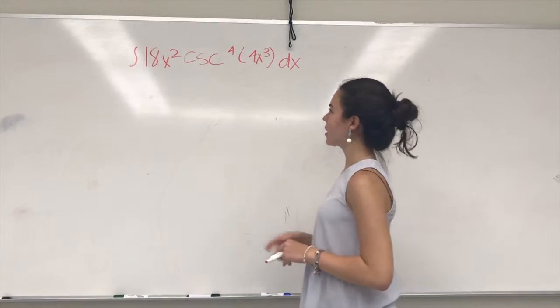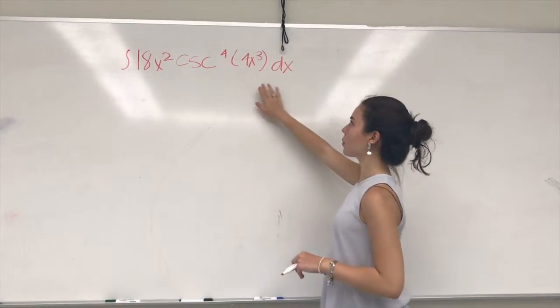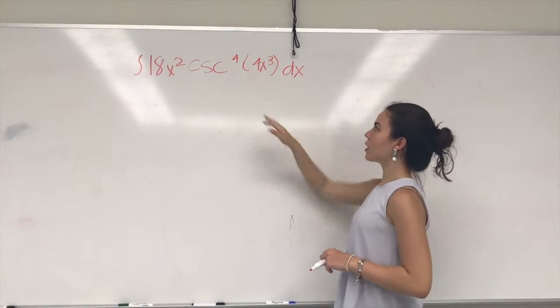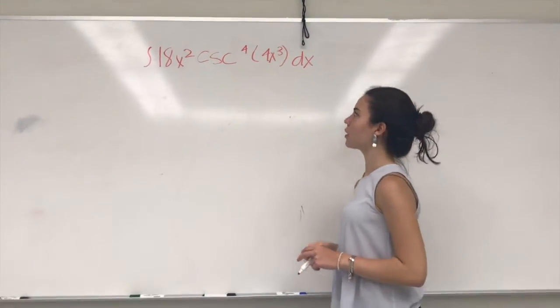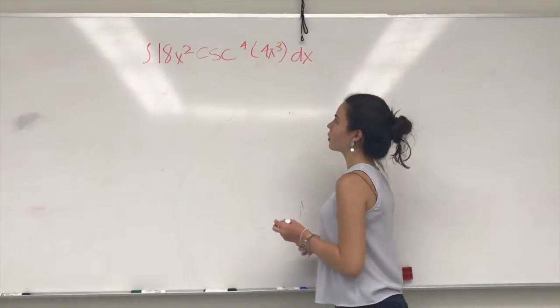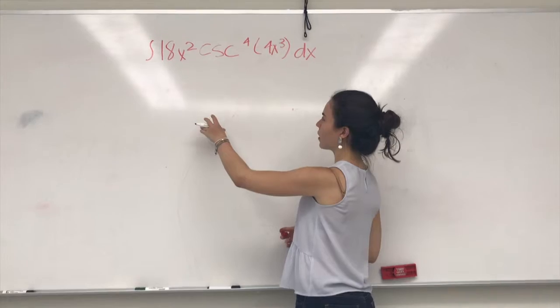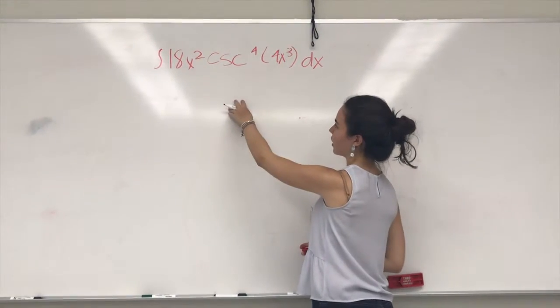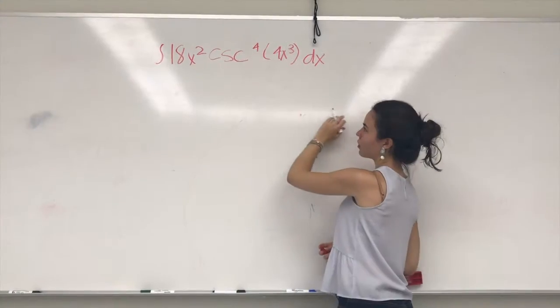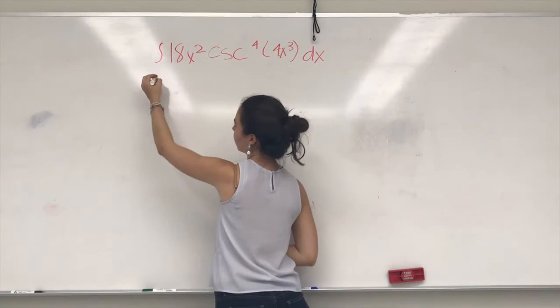Okay, so this is a problem of cosecant to the power of an even number. In this case, it's to the 4th power. So what we will do is divide the expression into two by doing cosecant squared and then another cosecant squared. So it will look like this.